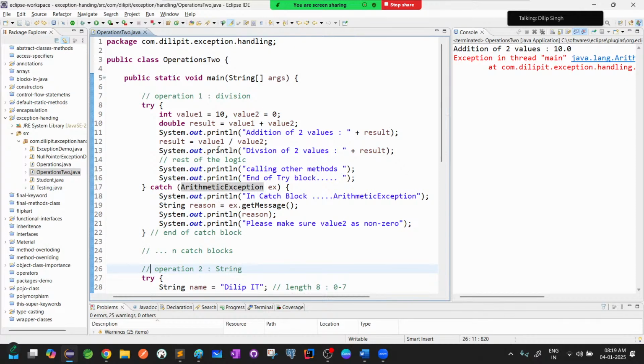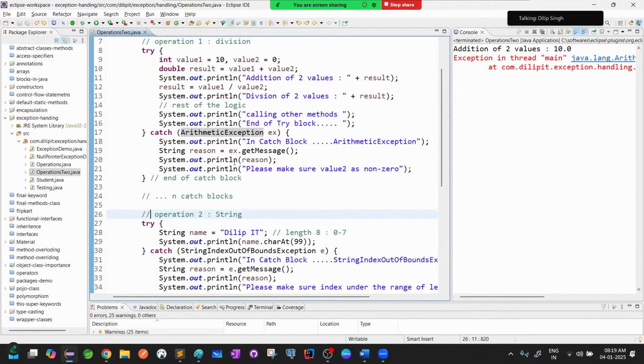Now what will happen again? The code executes, the exception comes, an arithmetic exception, it finds the same catch block, executes it, and then moves to the end of the catch block. It moves to the next lines after that catch block, because the exception came, you handled it, found the catch block, executed it, and JVM moves to the next line. Then again one more try block.